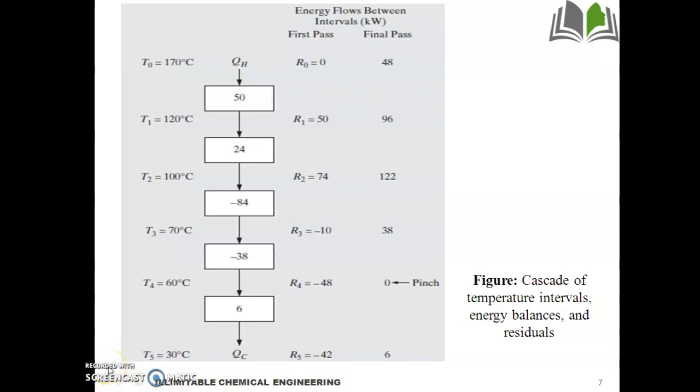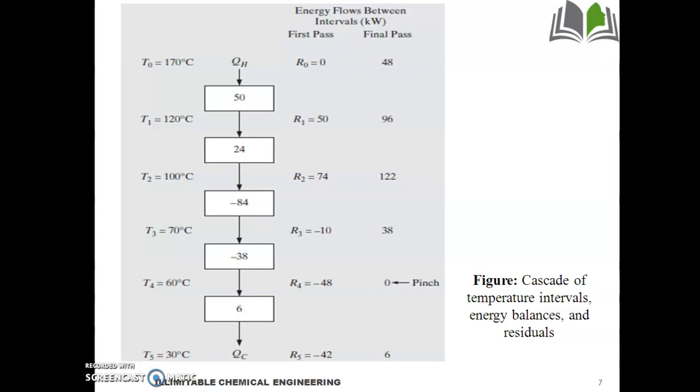Here in the fourth interval it is shown that 0 means the pinch point. Now what do you mean by this pinch point? Pinch point means the location where the hot stream and cold stream have minimum temperature difference, so heat transfer cannot be possible.